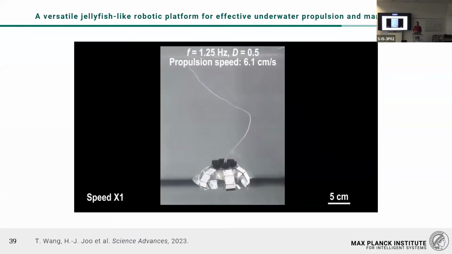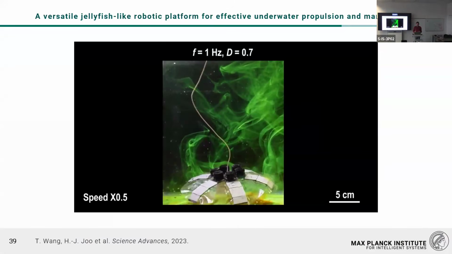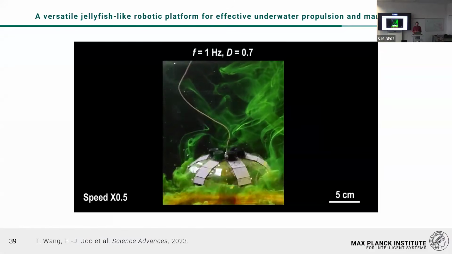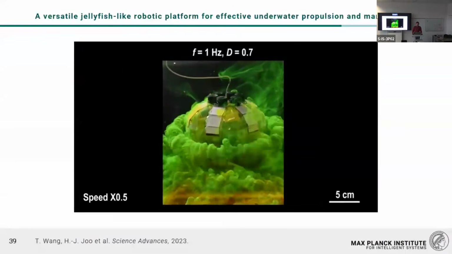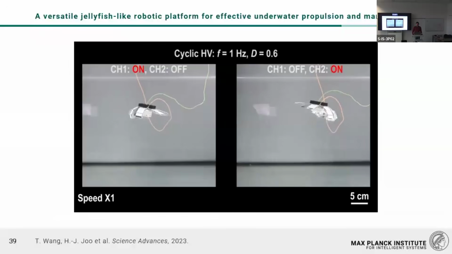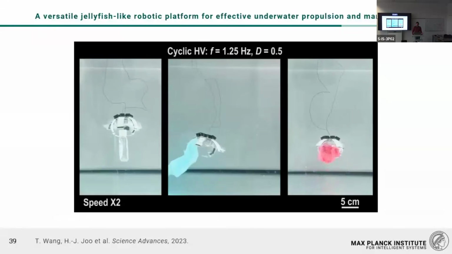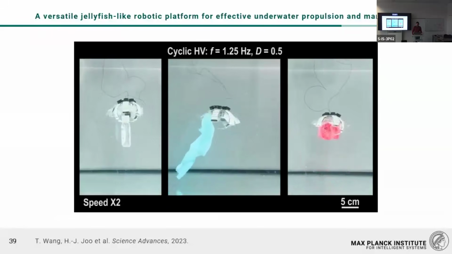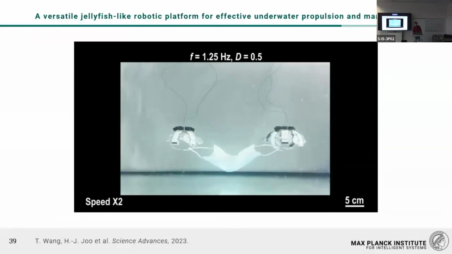You can then use this, for example, to make robots that imitate nicely locomotion principles that we see in nature, like for example a jellyfish. If you want a swimming robot that is low cost and can swim in the sea or the lakes, that is steerable, that can also interact with different objects, manipulate and transport them, then this might be an interesting actuation technology to use.